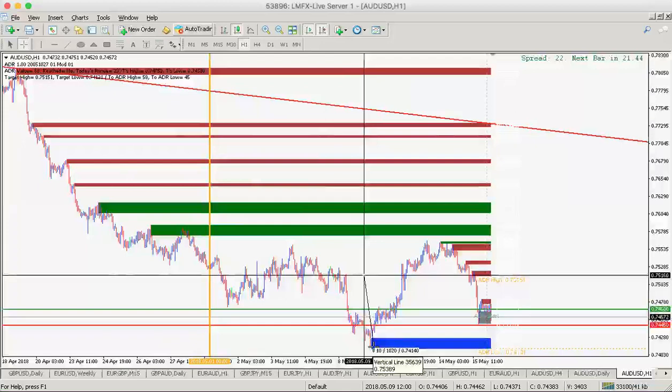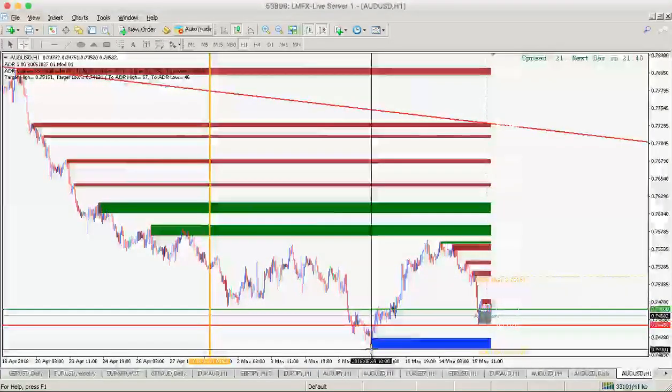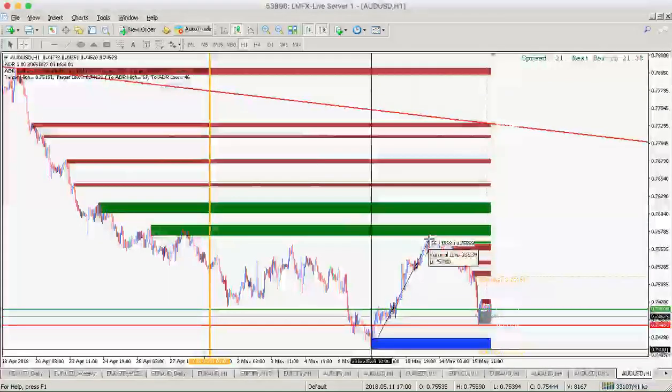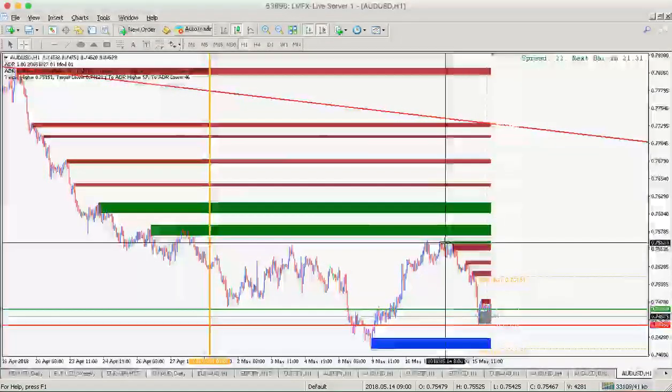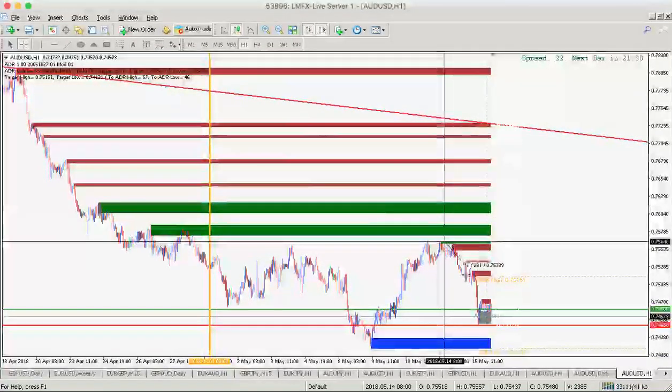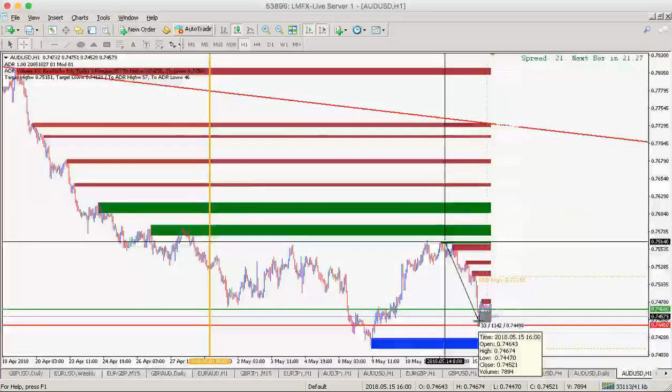Okay. And then it bought right back up from there. And that was for about 156 pips. Then it sold over the past couple of days, aka this week, for 114 pips.